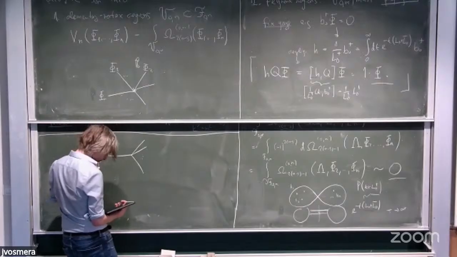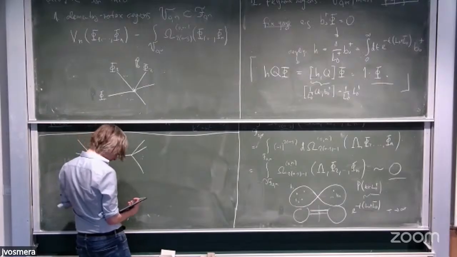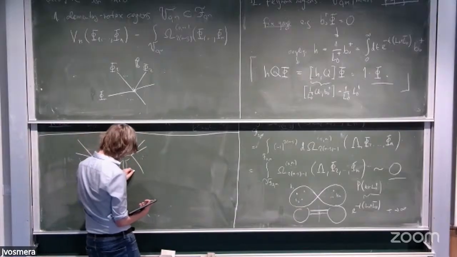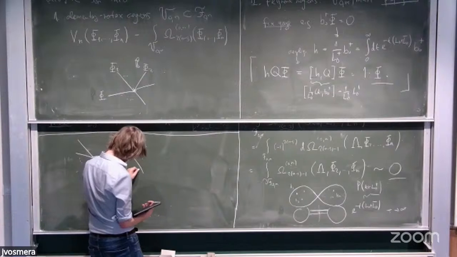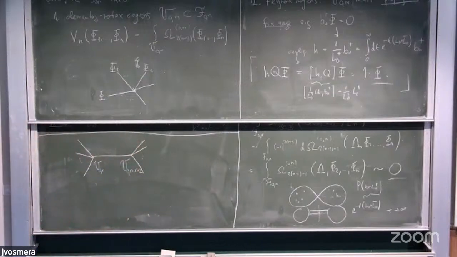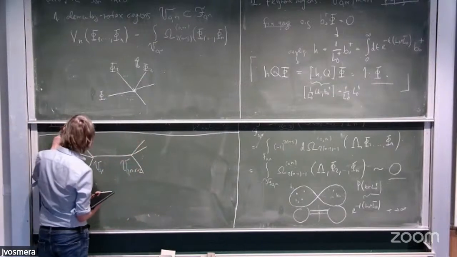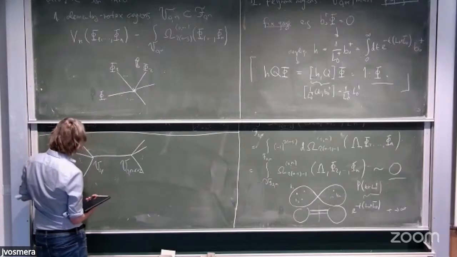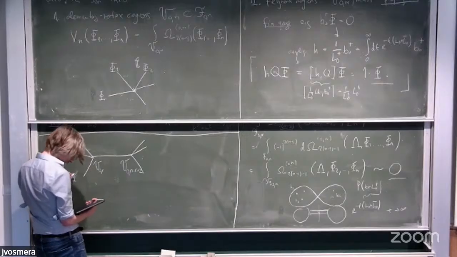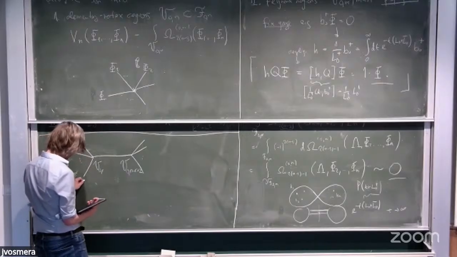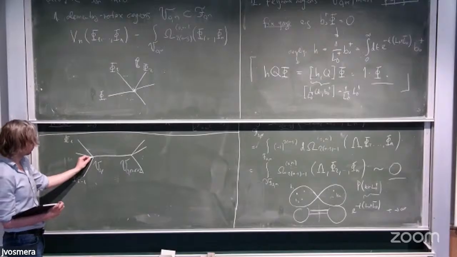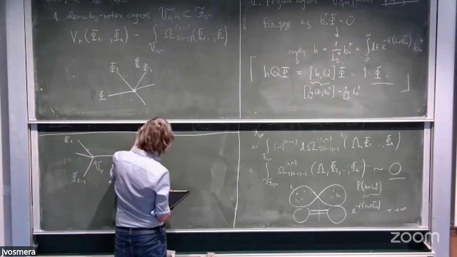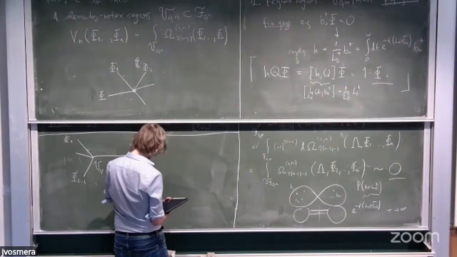So B0R and B0, and then we need n minus R plus 2 in order to get n external functions in total. So then phi 1, phi R minus 1, right? Because the R of external state needs to go into the propagator. And then phi R, phi n.